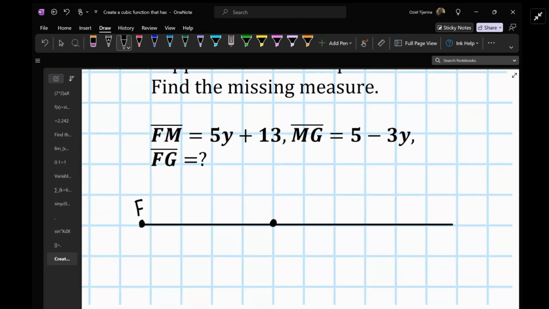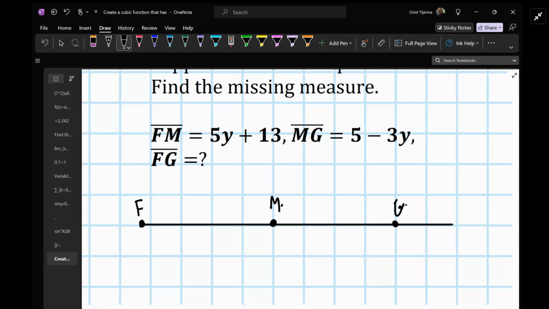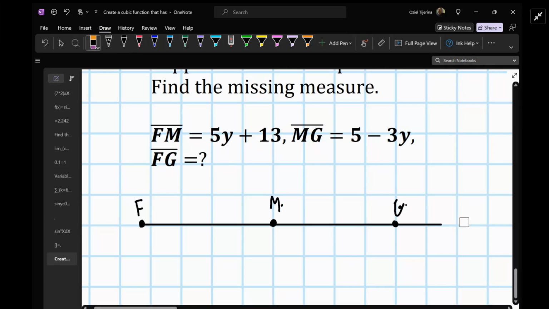Let's say this is F, and then this is M, and then this is G. Okay. So we want to know what is going to be the length of this entire thing, right?